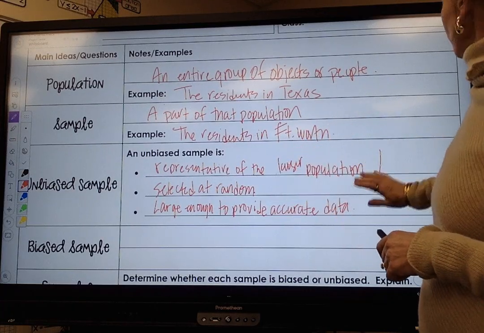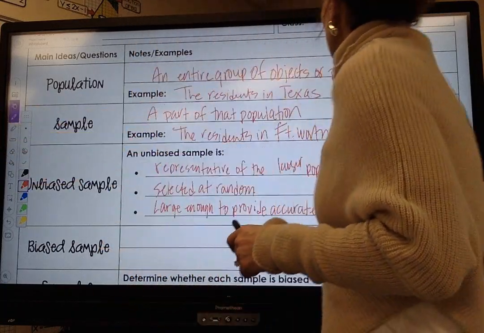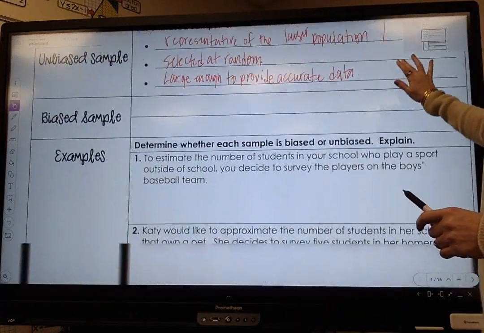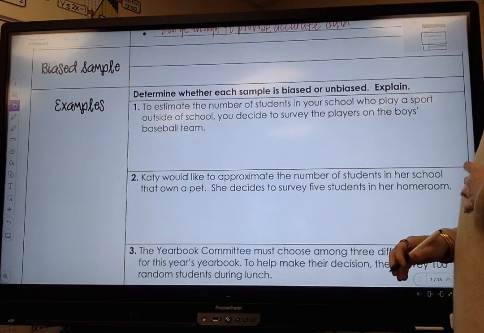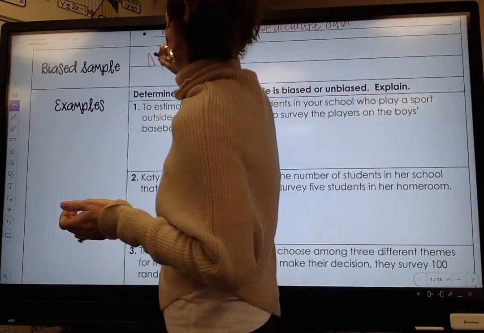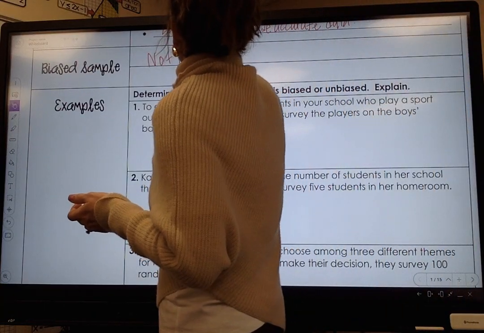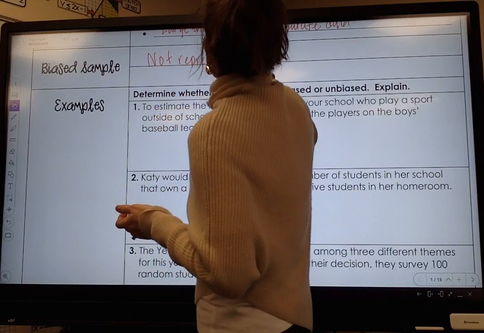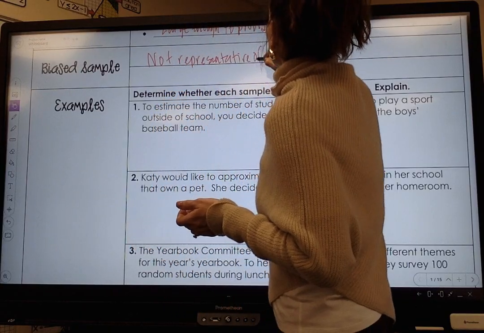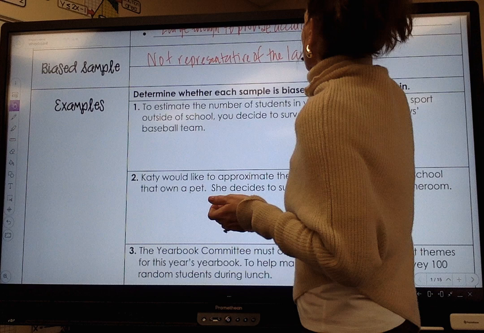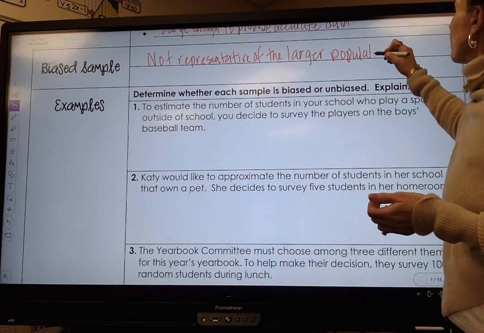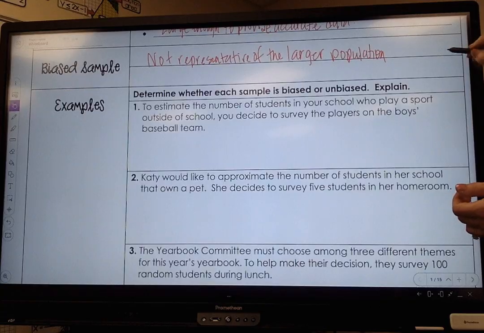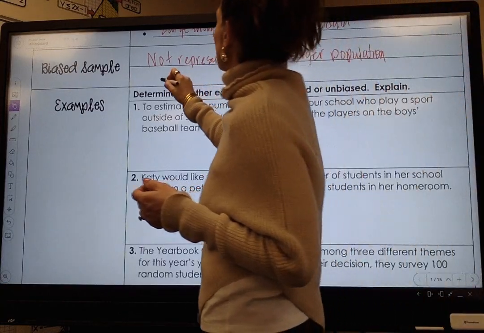Biased sampling is a sample that's not representative of the larger population, and it favors certain parts.